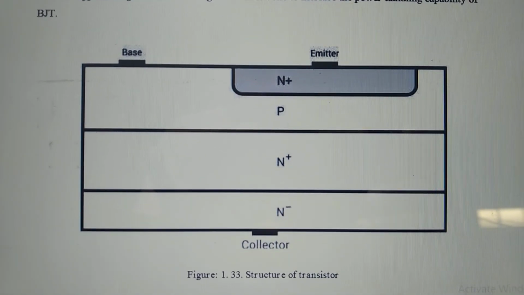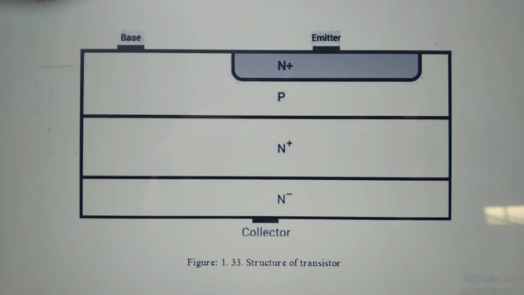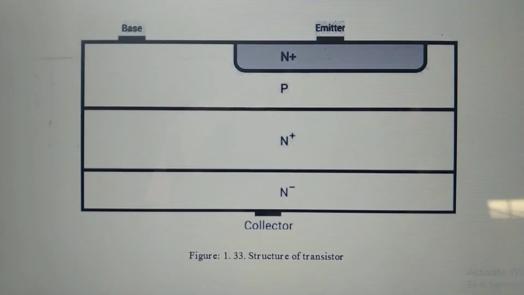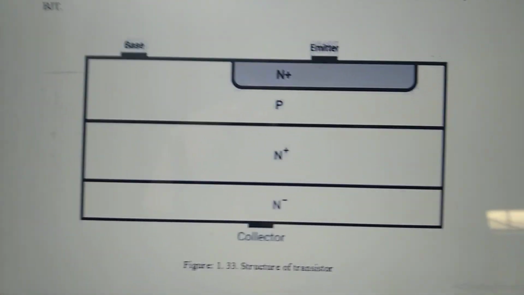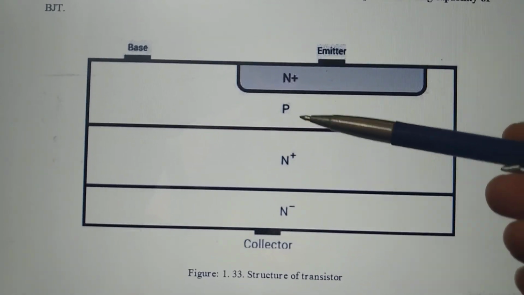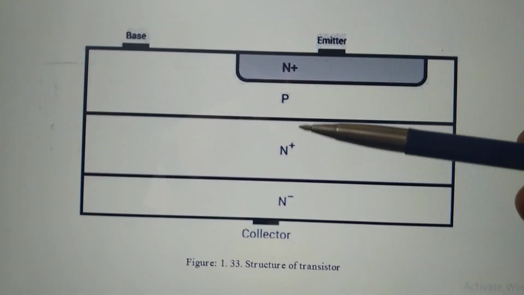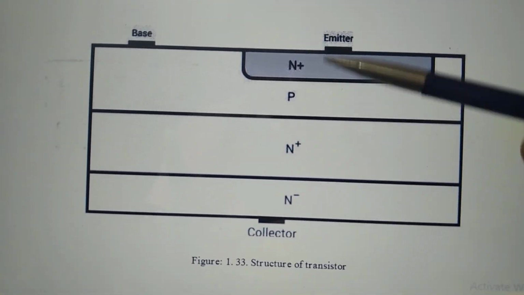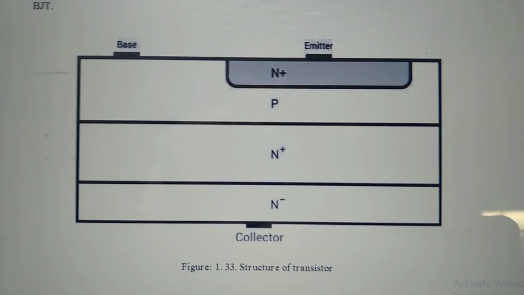Look at the structure of Power BJT. It is unlike our normal BJT. Our normal BJT having only NPN regions from emitter to collector. Look at this. This is N region, P region and N region. Only 3 regions are there for normal BJT.